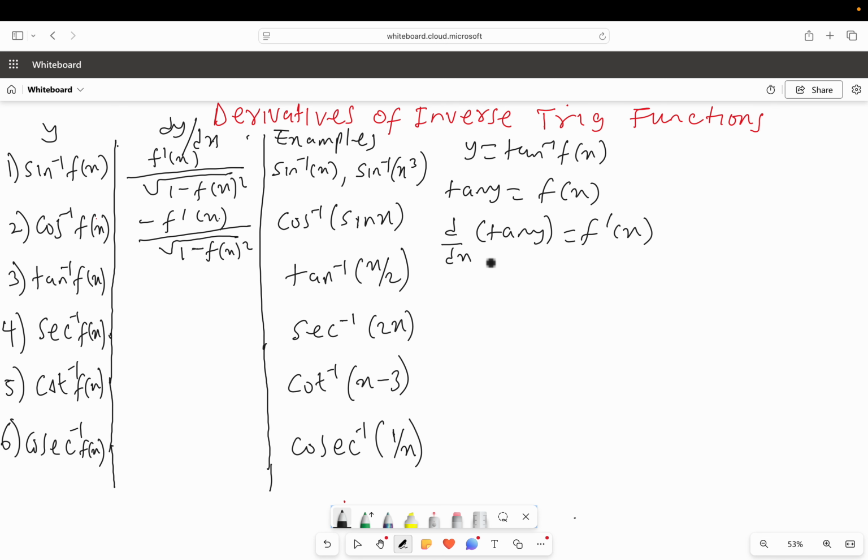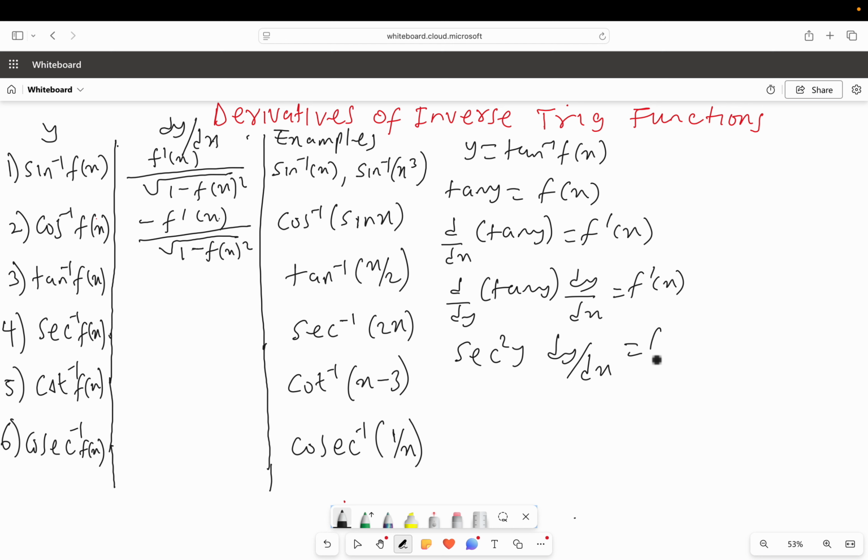Applying chain rule to the left hand side, I will have d dy of tan y times dy dx. If I differentiate tan y with respect to y, I will have sec square y dy dx is just f prime of x.